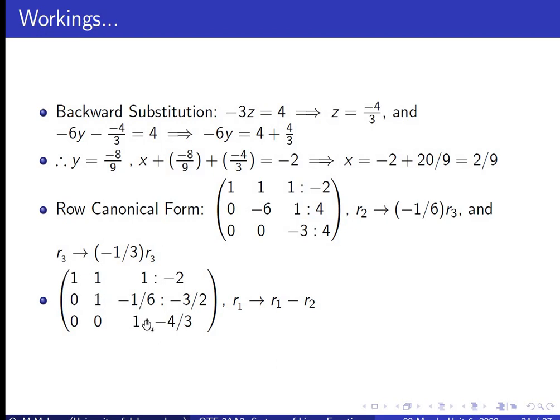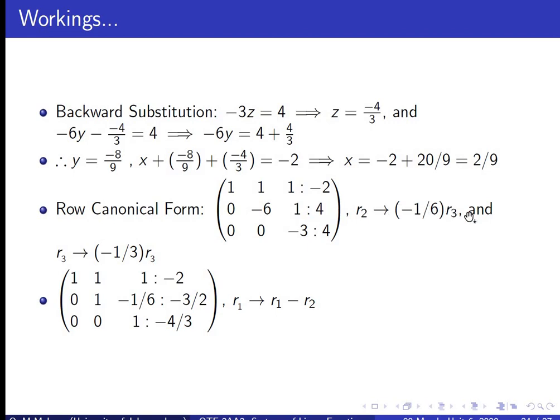And every pivot should be the only non-zero item within its column. For instance, here I got all the pivots to be 1, but I'm not done yet because this one should be 0. Everything above the 1 should be 0, such that the pivot is the only non-zero entry in its column.